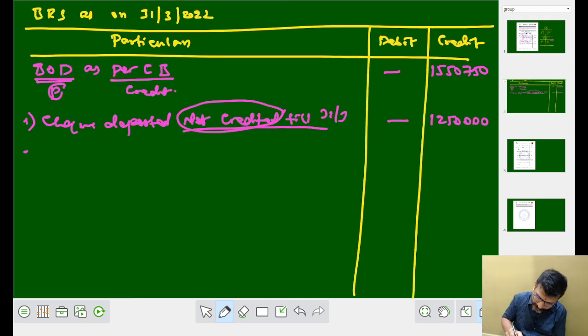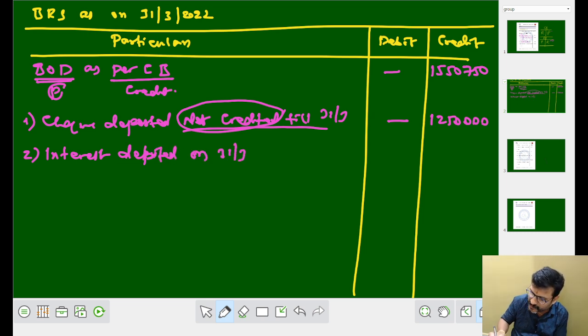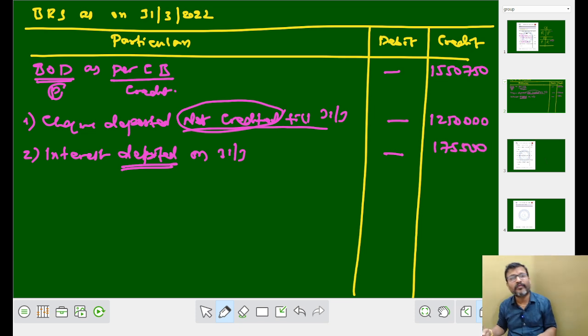The point number is 2. Interest debited on 31st March. My dear children, when it is debited, we have to take it on the opposite side, that is on the credit side. The amount is 1,75,500. I hope you are understanding, right?